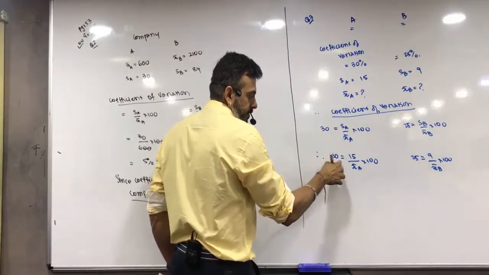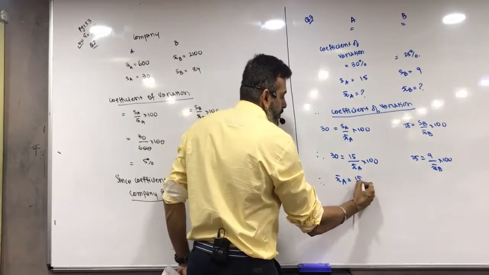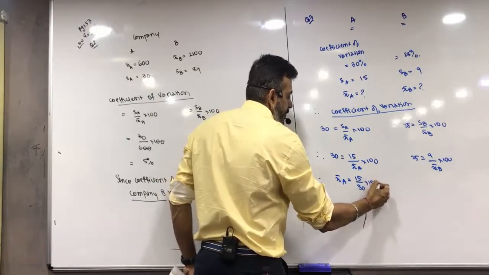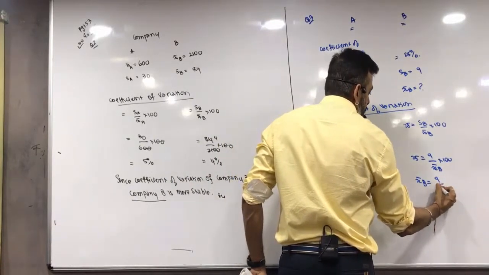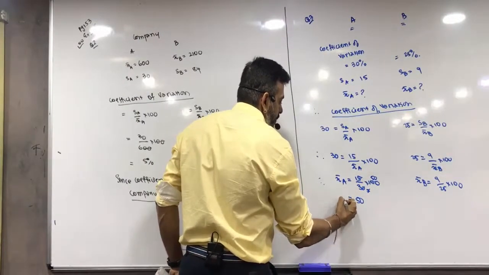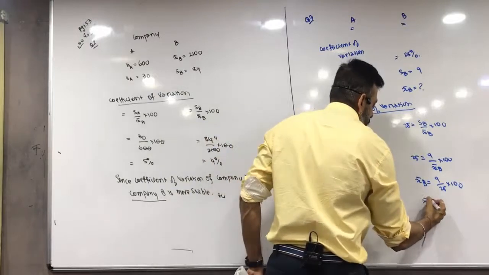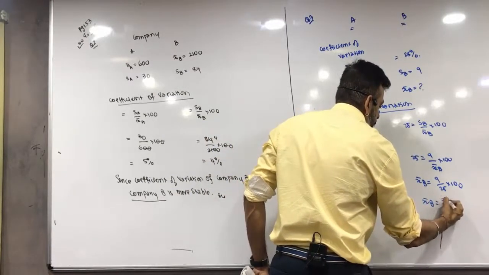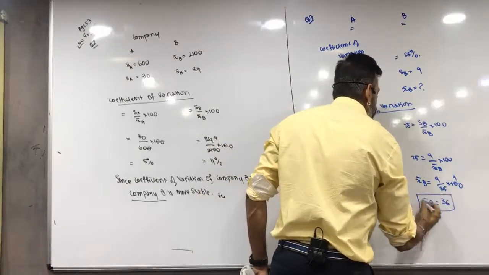Therefore, mean यहाँ पे आ जाएगा: x bar A is equal to 15 by 30 into 100, and x bar B is equal to 9 by 25 into 100. So 50 is the mean of the first series, and 36 for the second. Answer.